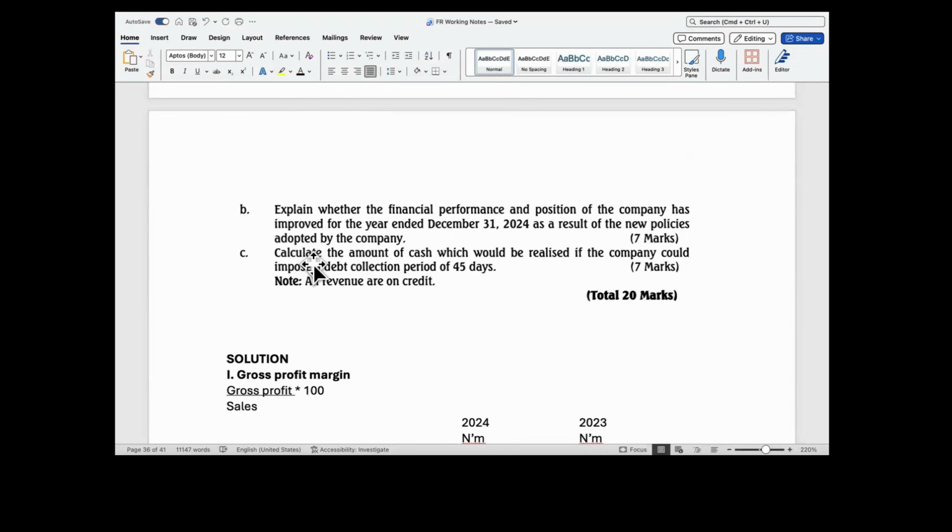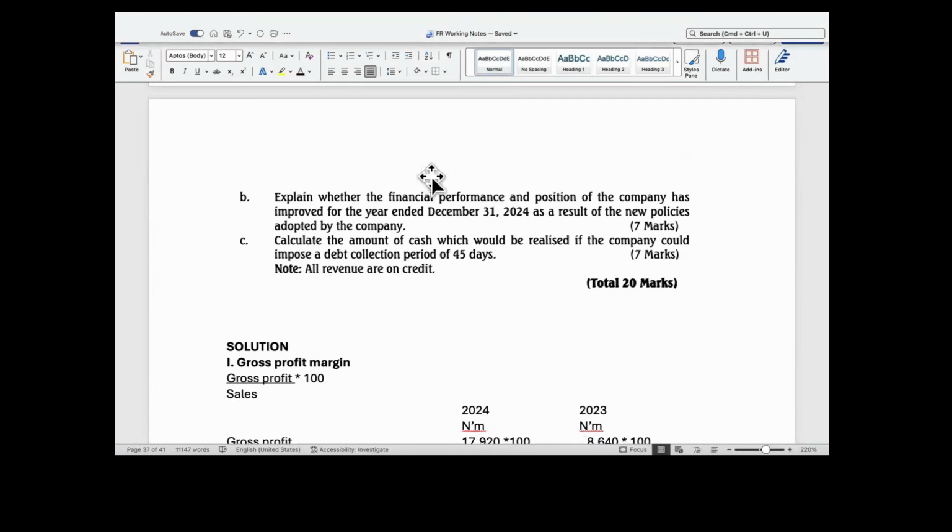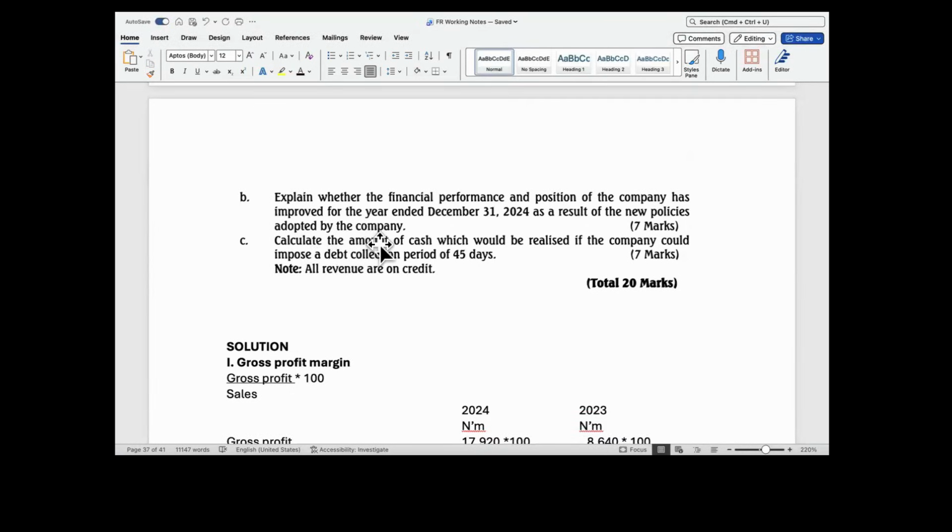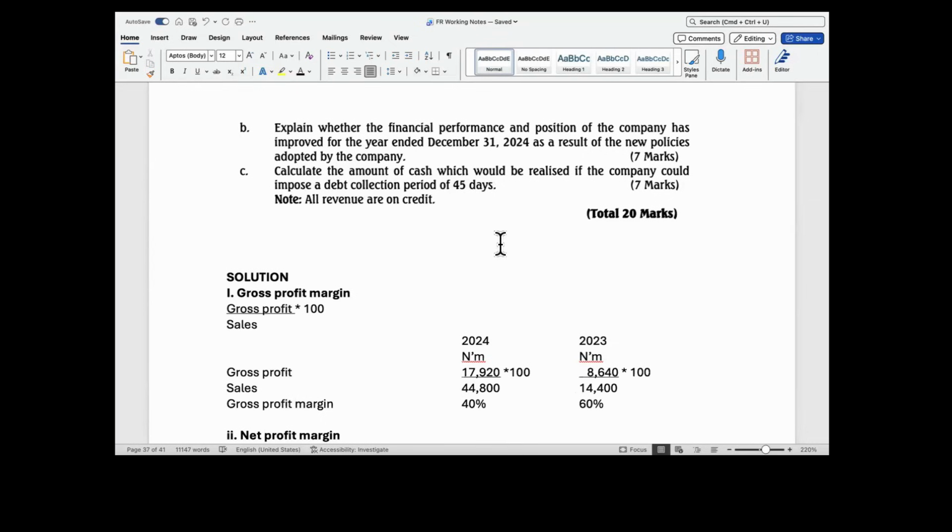Now, the last part of this question asks us to calculate the amount of cash which would be realized if the company could impose a debt collection period of 45 days.